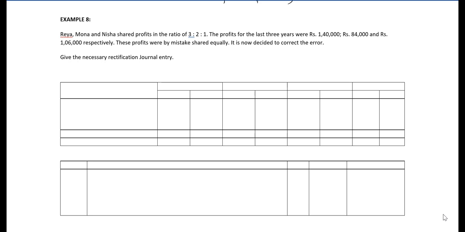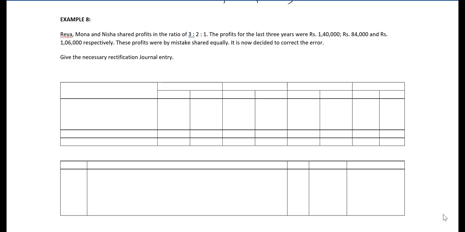Now this is an error in the profit sharing ratio. The correct ratio is 3:2:1, whereas the profits were shared in the wrong ratio of 1:1:1. Now whenever profits are shared in the wrong ratio, in any sum that we do, the first step we need to do is to reverse the profits which has been shared in the wrong ratio.